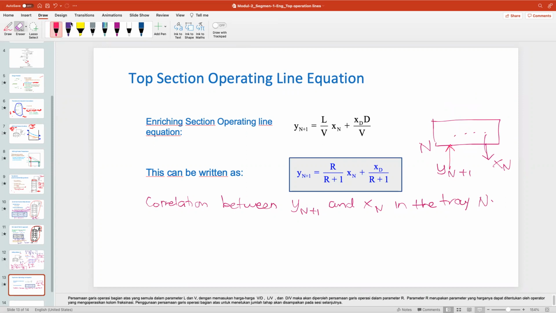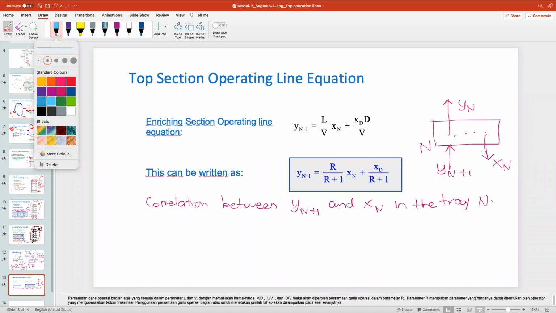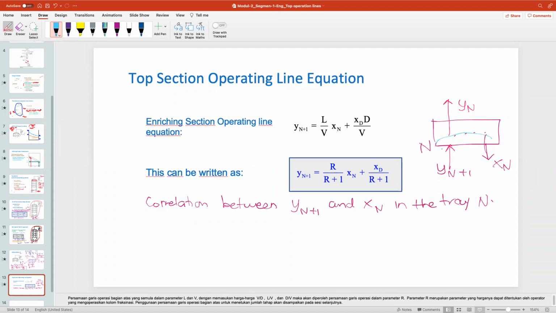Yes, good. So the one that goes inside tray n is yn plus 1, but the one that is leaving tray n is yn. Good. Now, this is a very good question. We know the top operating section relationship, but now how do we get yn?